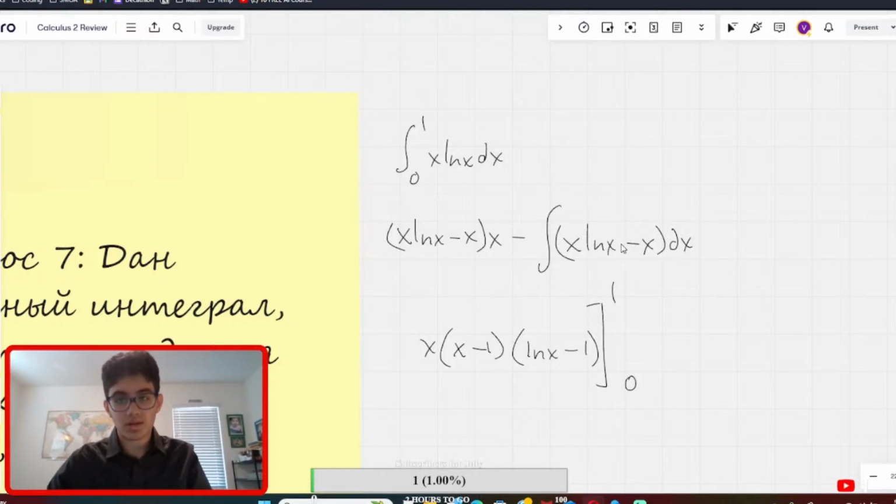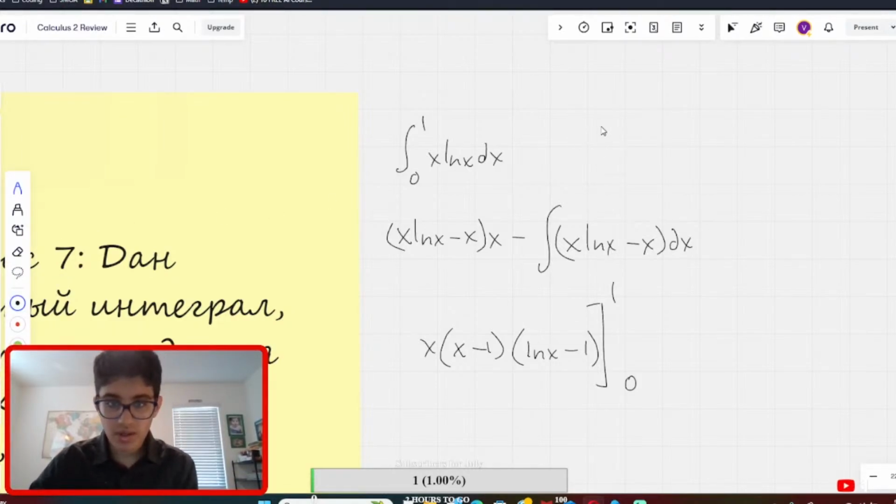But you can also write this same thing as, let's just rewrite everything. So x natural log of x minus x times x minus the integral of x natural log x dx, plus x squared over 2, is equal to the integral of x natural log of x dx.